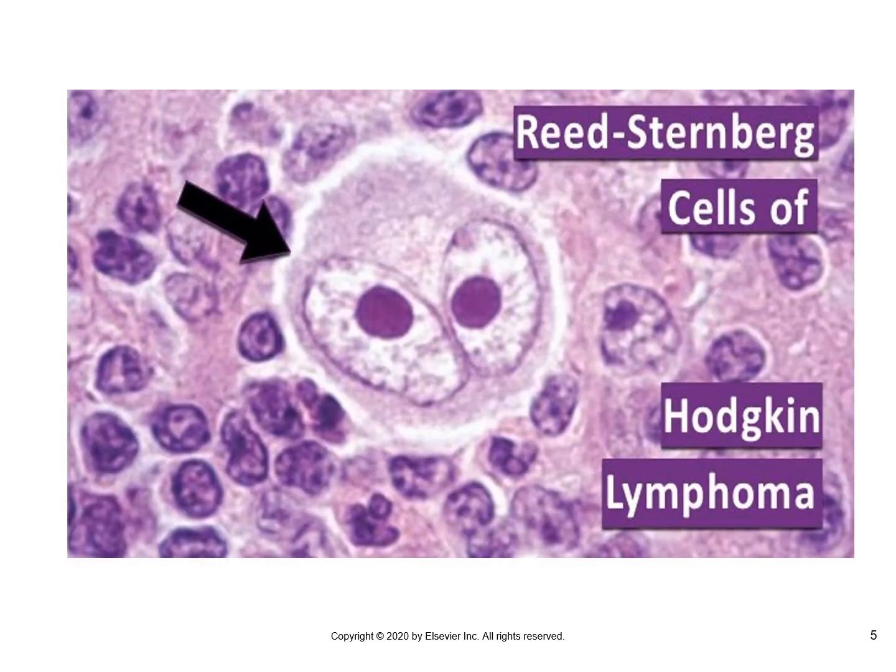Here's your Reed-Sternberg cells. See how I told you guys that it kind of looked like owl eyes, like eyes of an owl, right? This is what we call Reed-Sternberg. And this is the cell that we see for Hodgkin lymphoma.